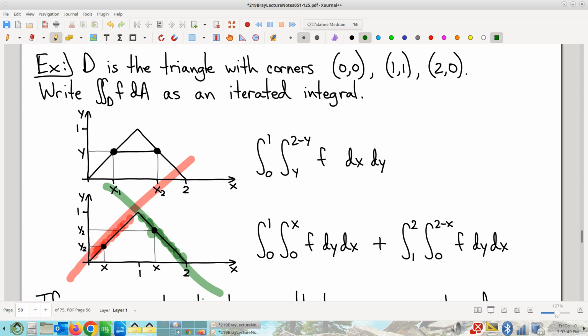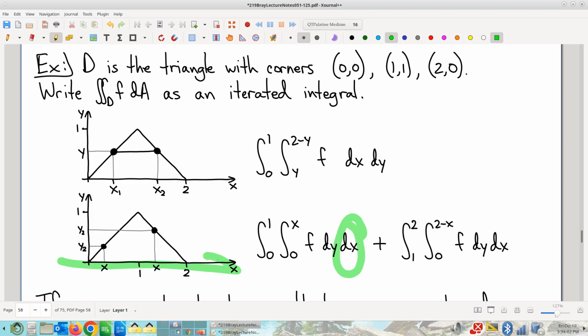So this is my little rule. When you are thinking about how to slice, and once I've decided, for example, I'm going to do dx on the outside, as I go in the x direction, as I'm making x slices, watch out for situations where you slice through a corner.